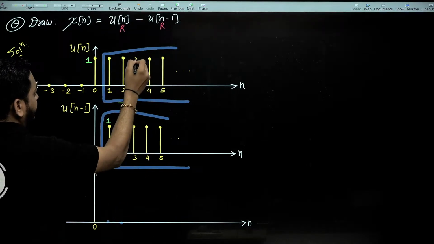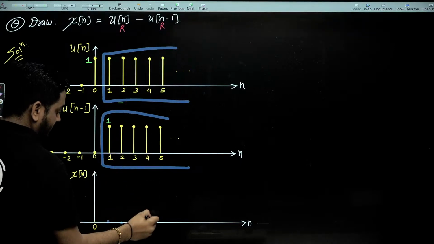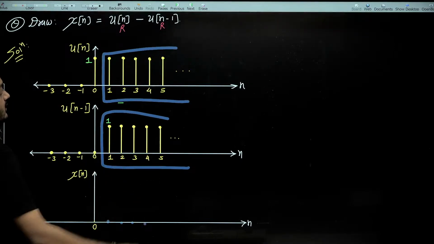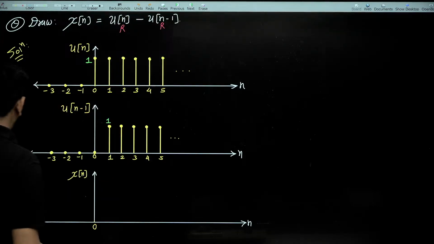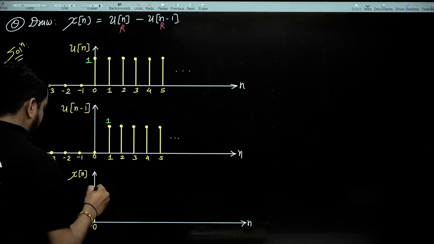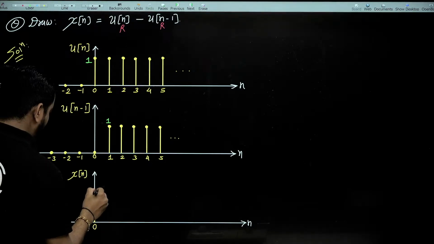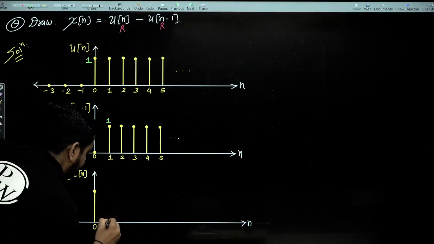At n equal to 3, 1 minus 1, 0, guys. Also 1 minus 1, 0. Yes or no? Correct? So here, what will be the resultant signal after subtraction? After subtraction, you will get samples only at origin, guys. Only at origin having amplitude 1, and other than that, you will get 0, guys.